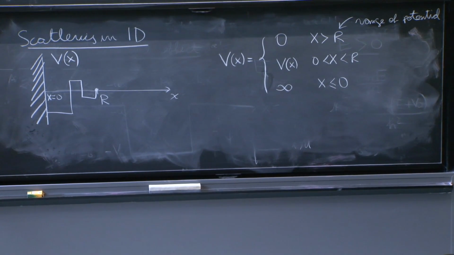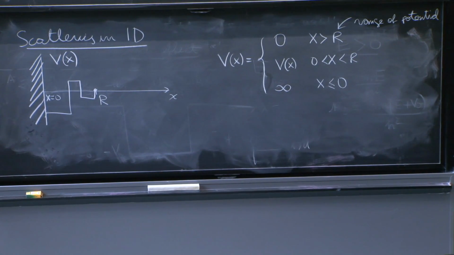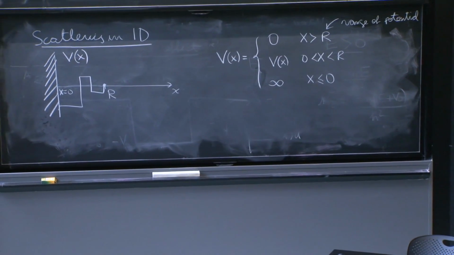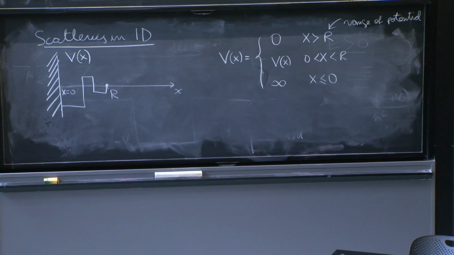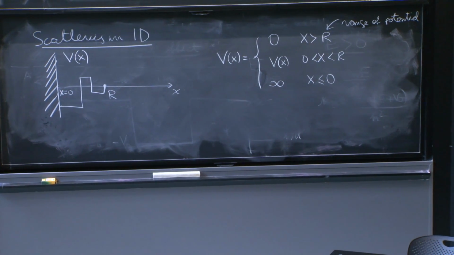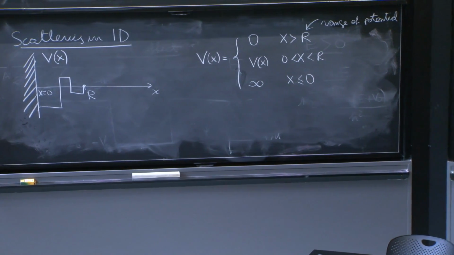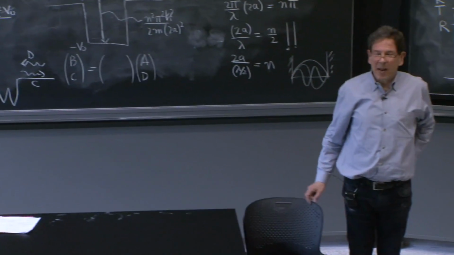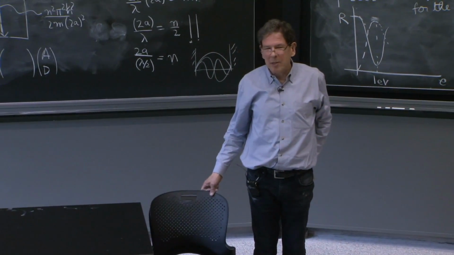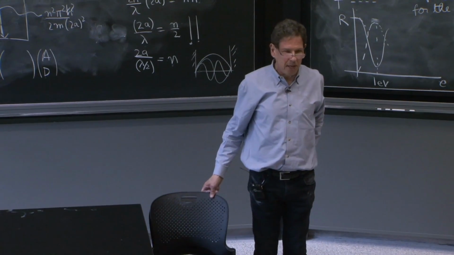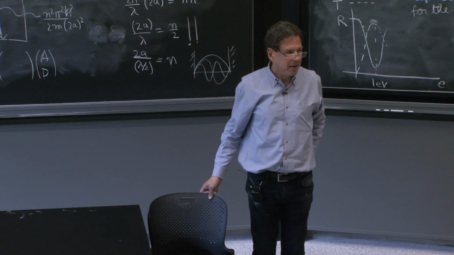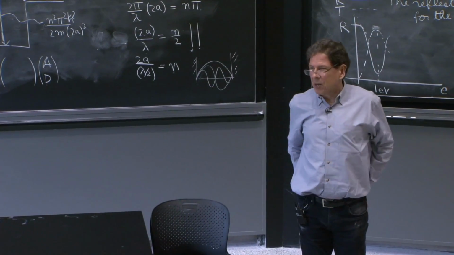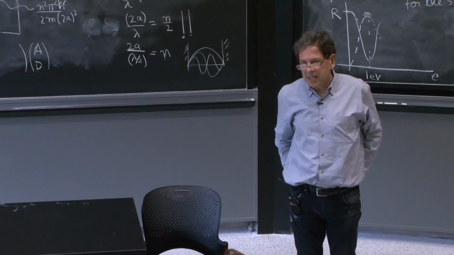And the experiment that we think about is somebody at x equal plus infinity throwing waves into this potential. And this observer can only get back a reflected wave. From that reflected wave, the observer wants to deduce the type of the potential that you have there. That's absolutely the way physics goes in particle physics.